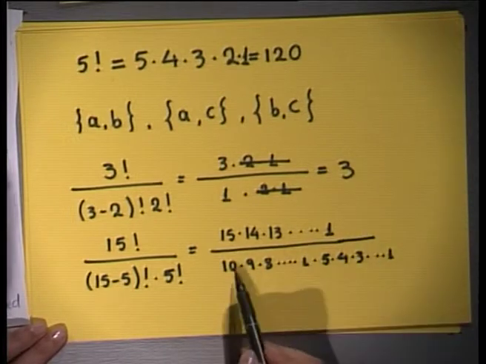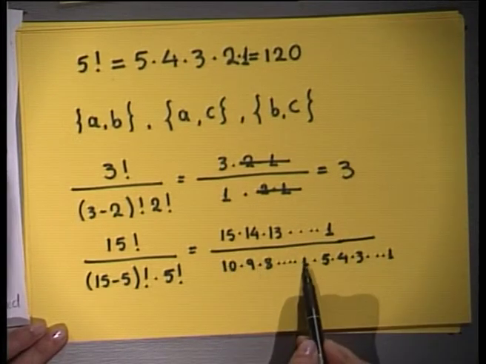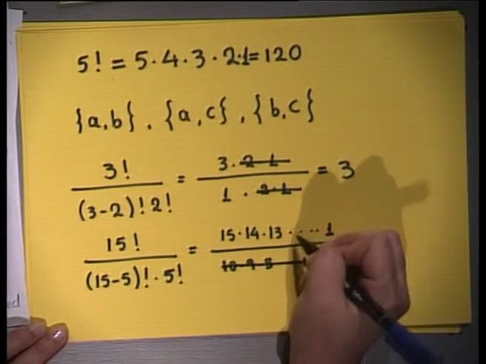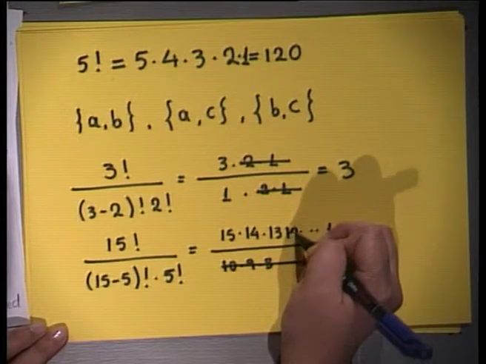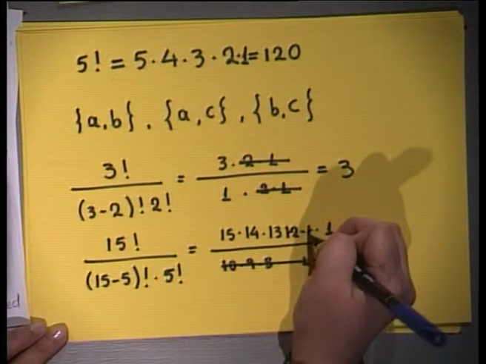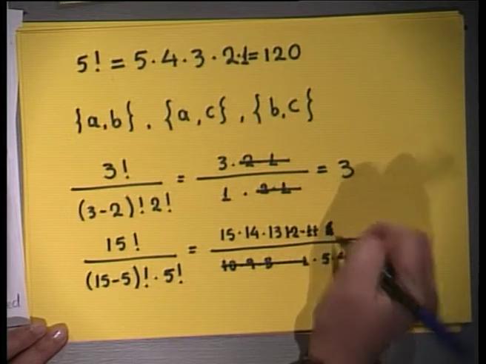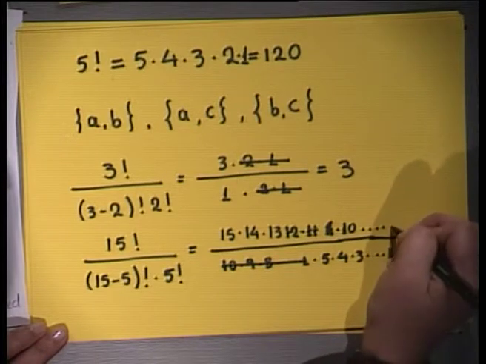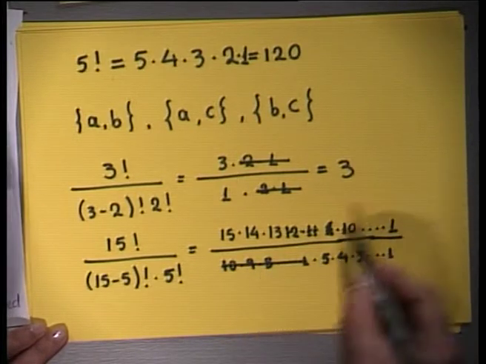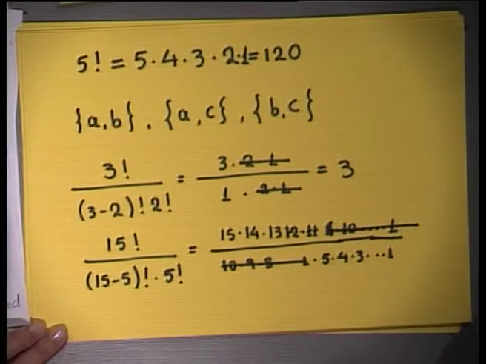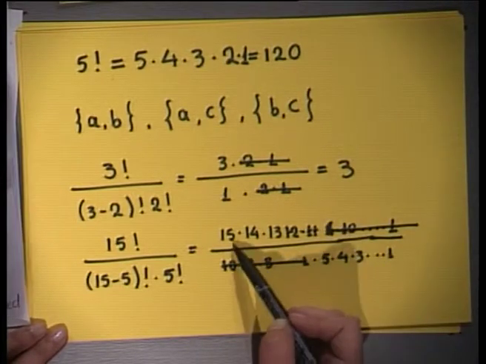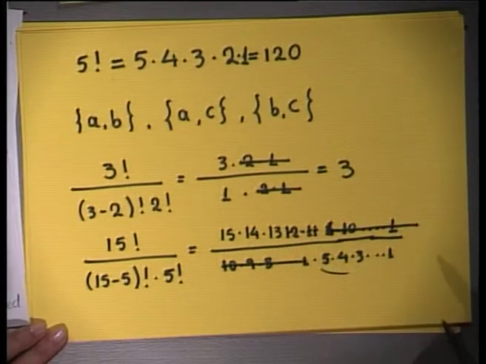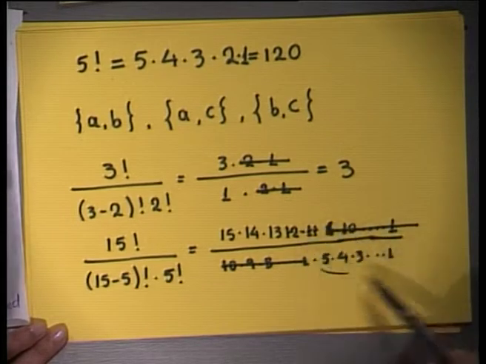We can see here that all these numbers, 10 up to 1, will be cancelled out with the numbers here. Let me write more here, 12, 11, 10, up to 1. So you can see all these will be cancelling with this, and we are only left to do the multiplications and the divisions here, which is much easier than calculating all this.